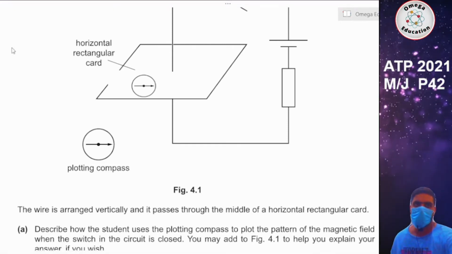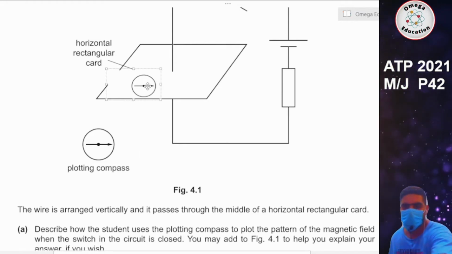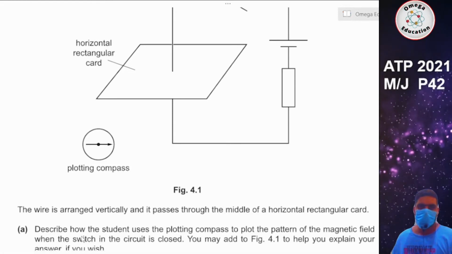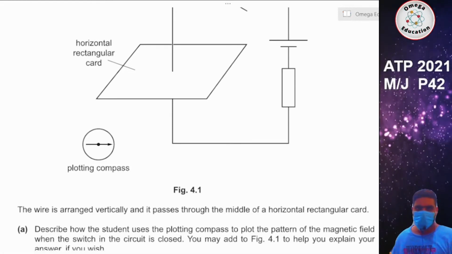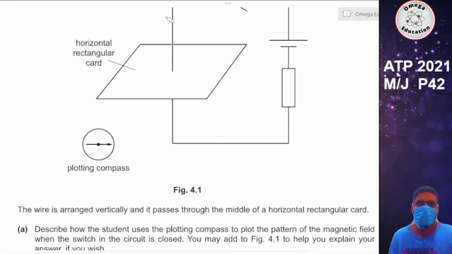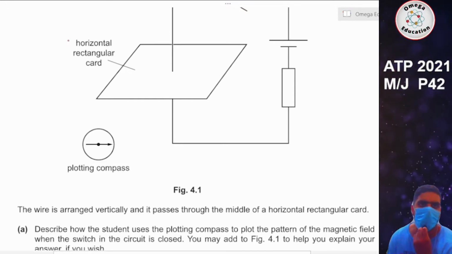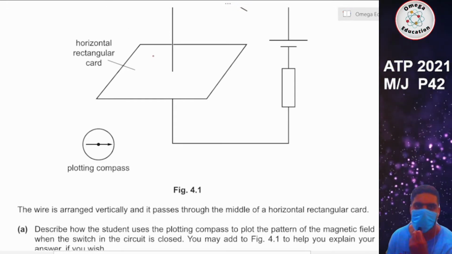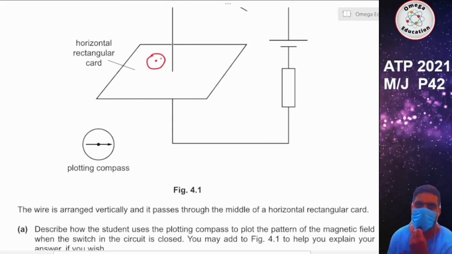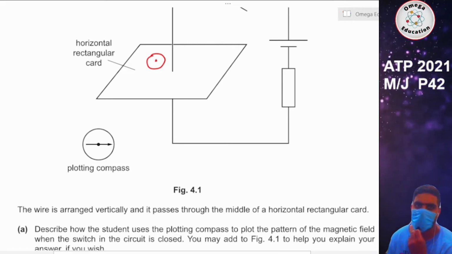Let us say, all right, I'll just draw it by myself. So I have placed the plotting compass over here, and the needle of the compass points in a certain direction.